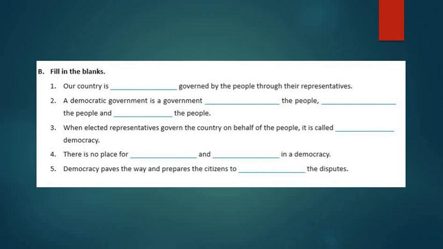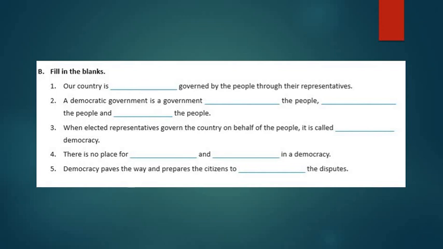Fill in the blanks. Our country is dash governed by the people through their representatives. Our country is indirectly governed by the people through their representatives. Now question number 2. A democratic government is a government dash the people and dash the people. So what will be your answer? A democratic government is a government of the people, for the people, by the people.